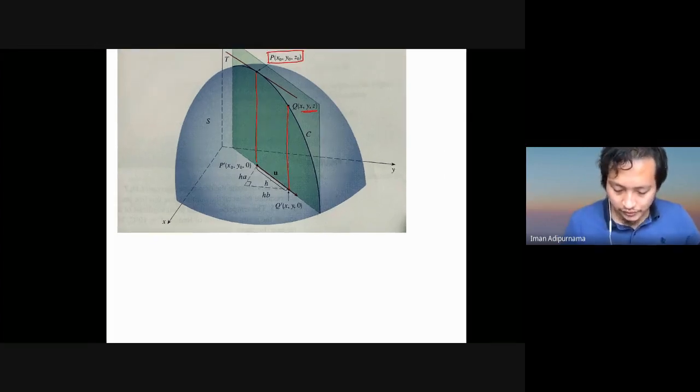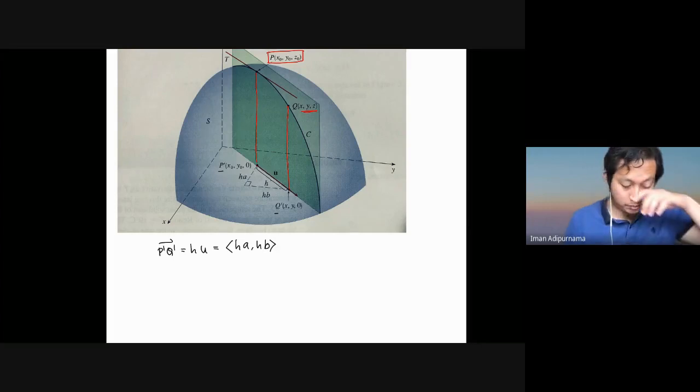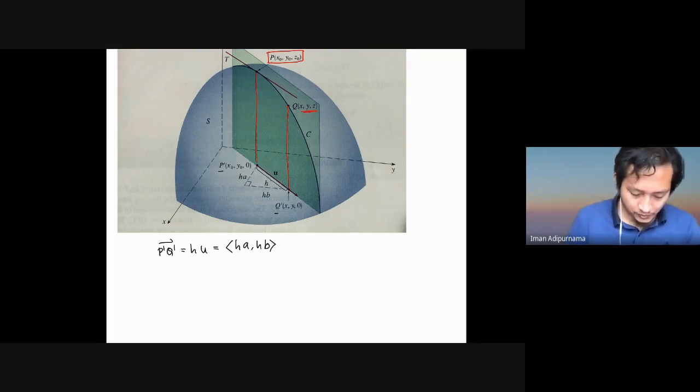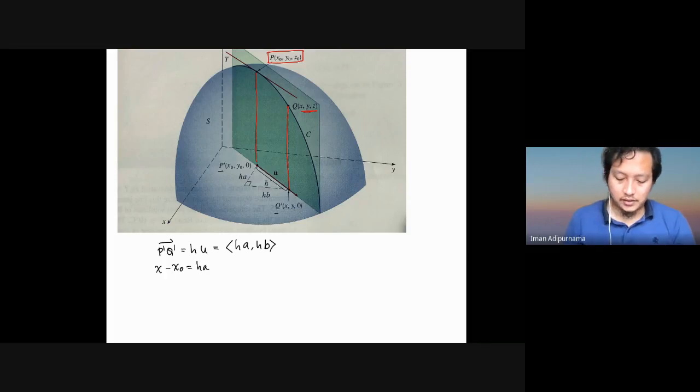So we have the projections, P prime and Q prime. Let's say the vector has components a and b, and we can have these relations. Between x and x0, we have an additional ha based on the unit vector, and we have an additional hb for the y-axis.